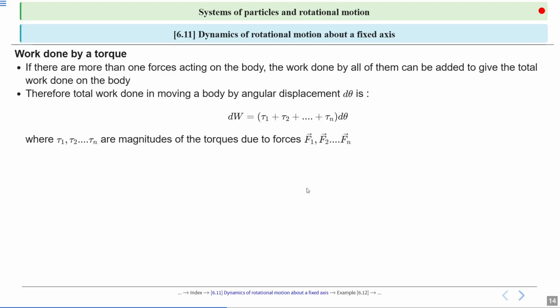For a single force, dw is equal to tau into d theta, but for more than one force, dw is tau 1 plus tau 2 plus tau n, times d theta. All right. Where tau 1, tau 2 and tau n are the magnitudes of the torques due to the forces F1, F2 and Fn.